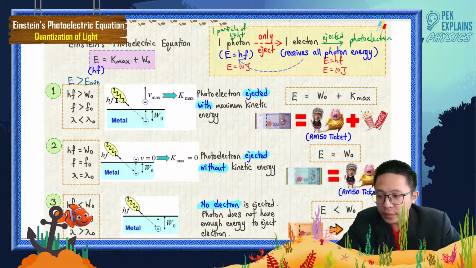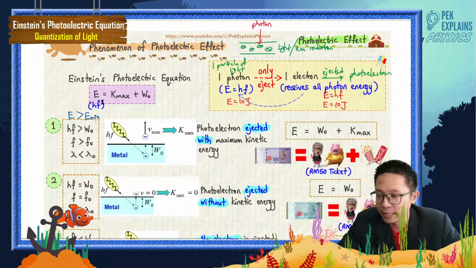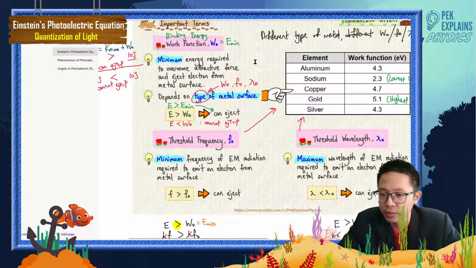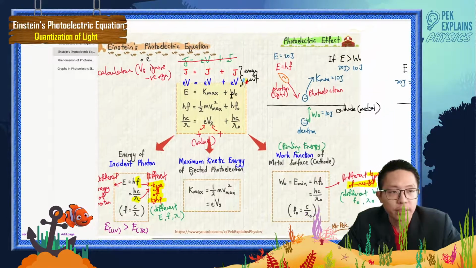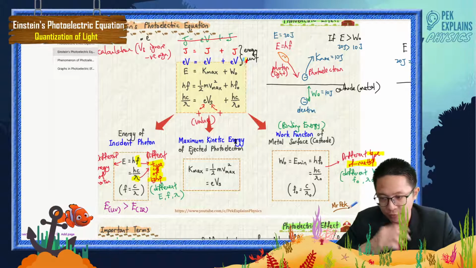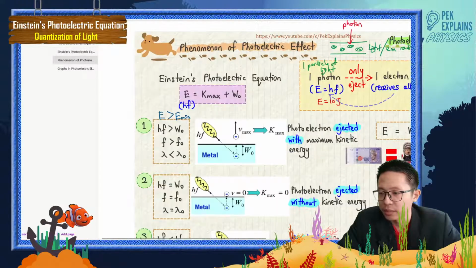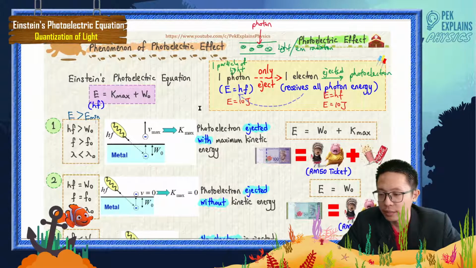We can see from this equation, E is the energy of the incident photon, K max is the maximum kinetic energy after ejected, and W naught is the work function of the metal surface, or the binding energy.